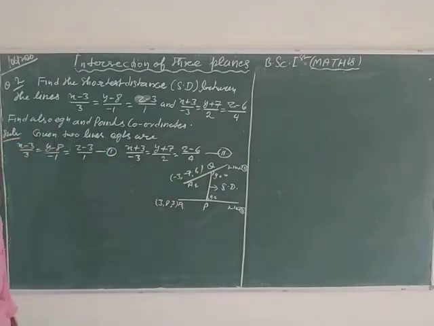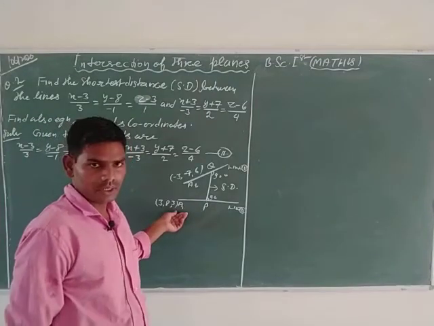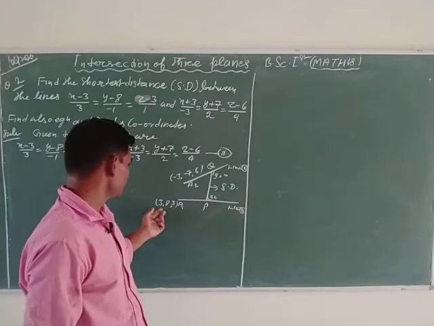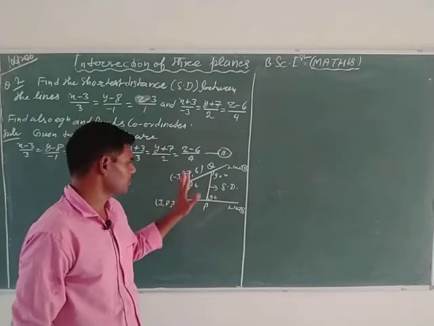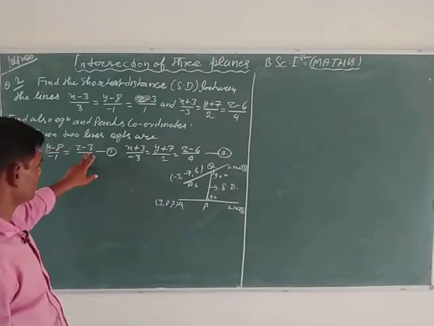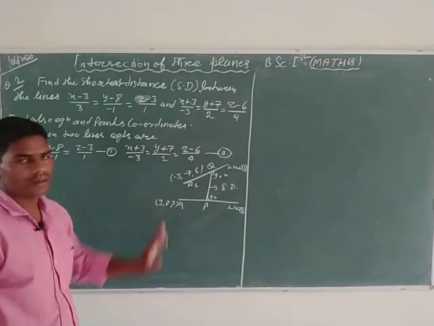By the symmetrical rules of lines, the point A on the first line and point A2 on the second line have coordinates 3, 8, 3 and minus 3, minus 7, 6 from the given equations.